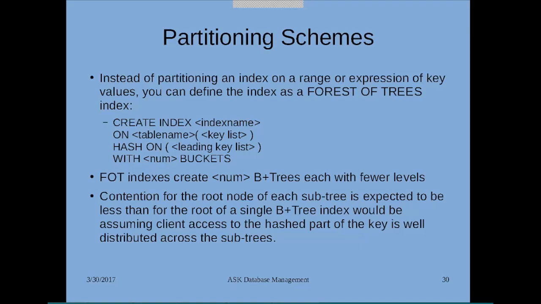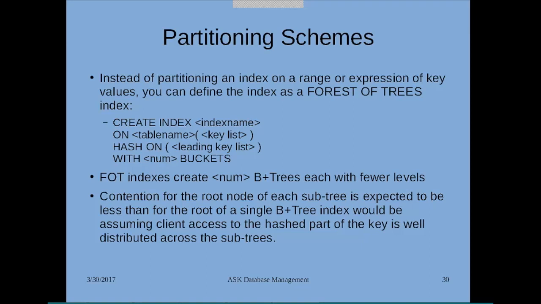Two big advantages of forest of trees indexes: like partitioning, there's tree elimination. The engine won't search trees that don't match the hash value. And second, because there are fewer keys, since we're hashing on the first part of the key, those indexes are all flatter.